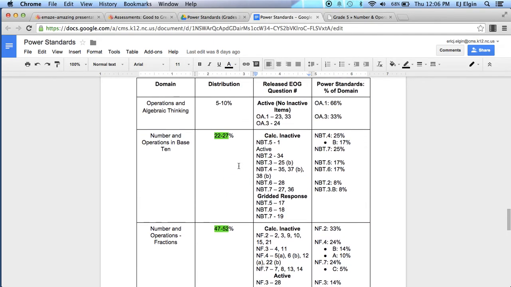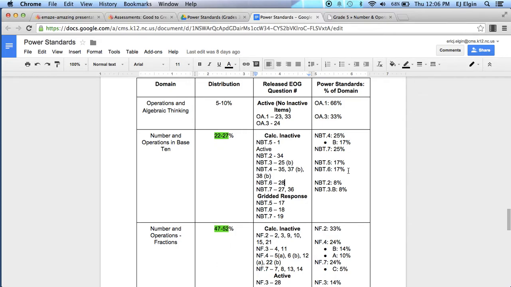Because if we can get students to solidly master this concept, they will have most of the test, 50 plus 25, they'll have 75% of the questions correct. So it would be good to put most of our energy into making sure students have 80% or higher mastery, consistently mastering both number base 10 and fractions.